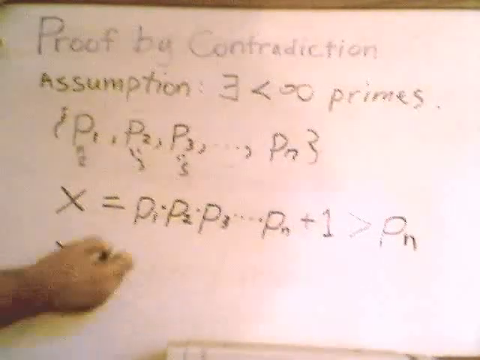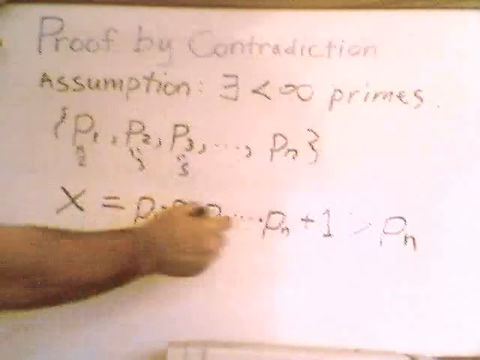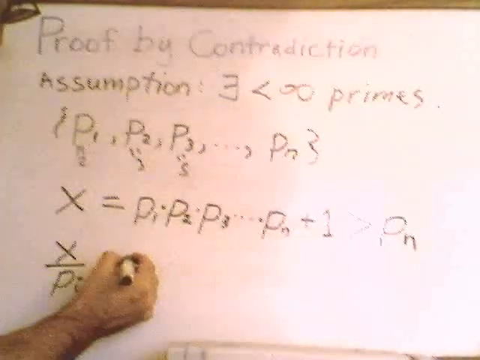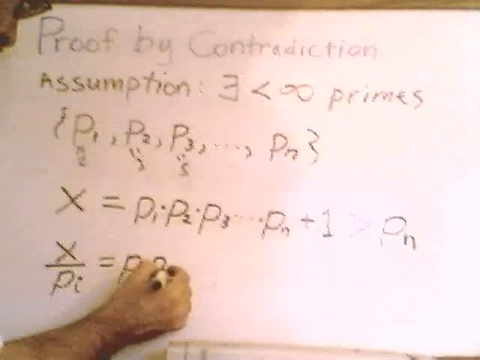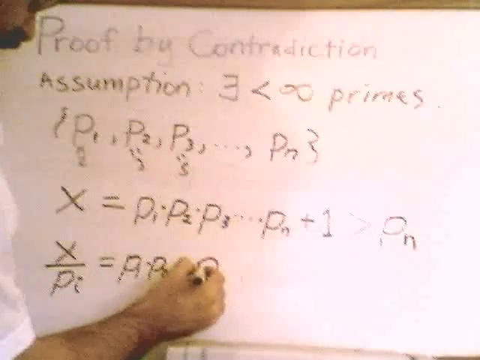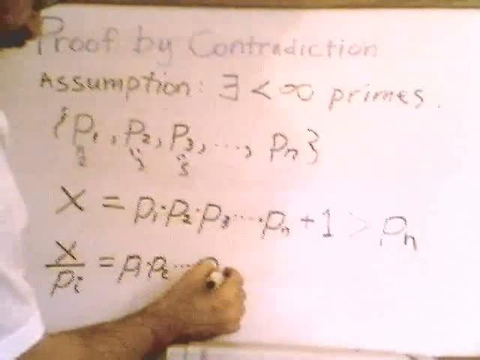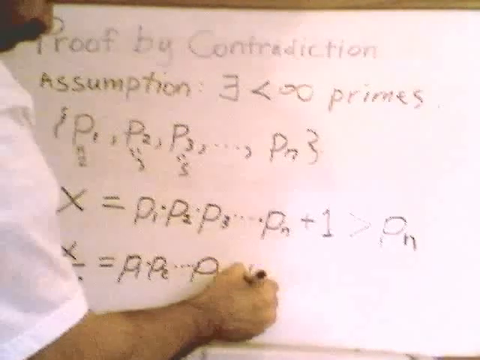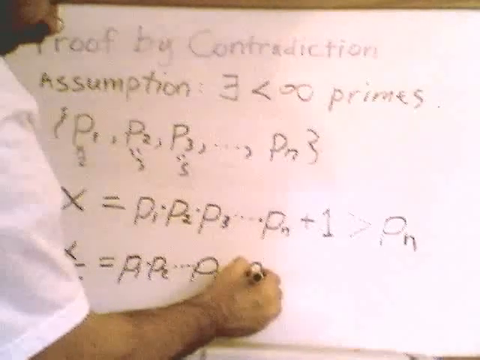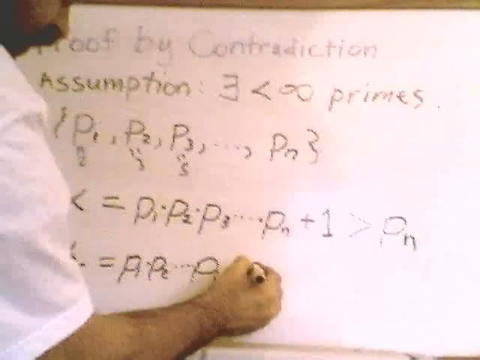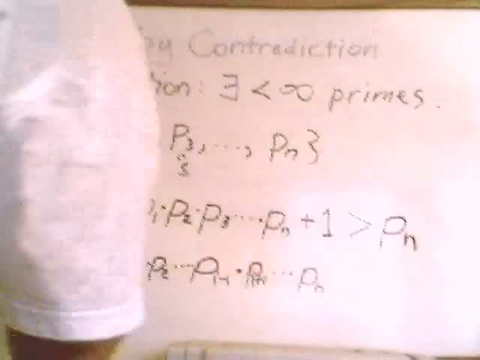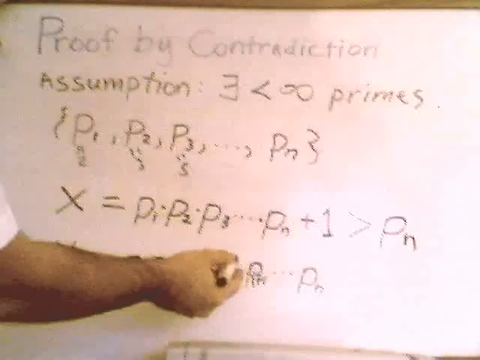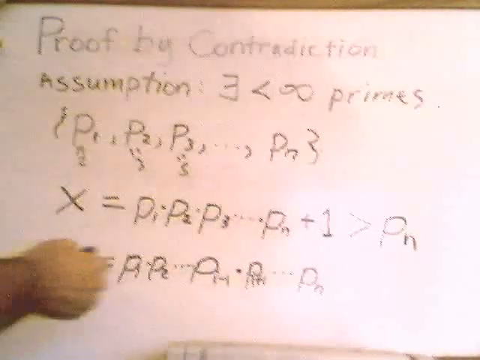And pi is going to be one of the terms in here. If it's in the middle, it's going to be P1 times and so on up to pi minus 1, times then pi plus 1 to Pn. So there's a pi in here that got canceled out.